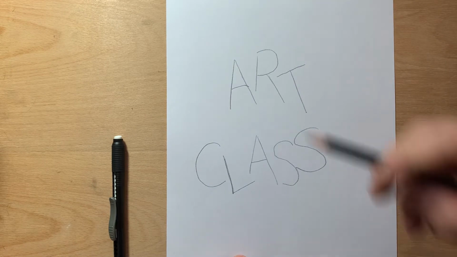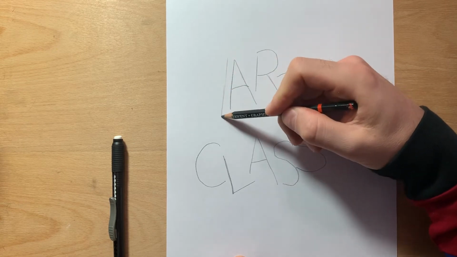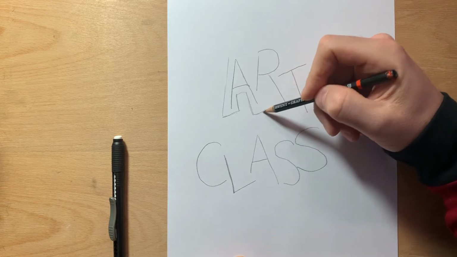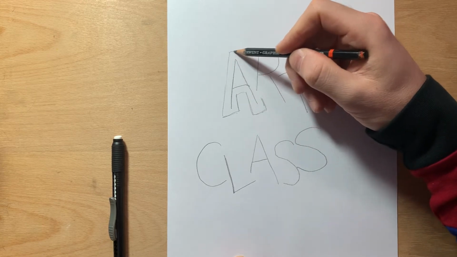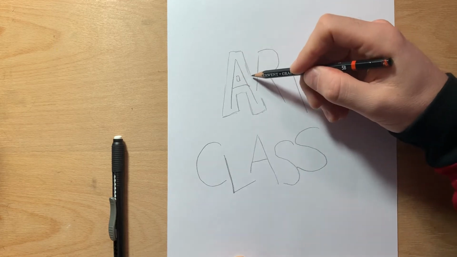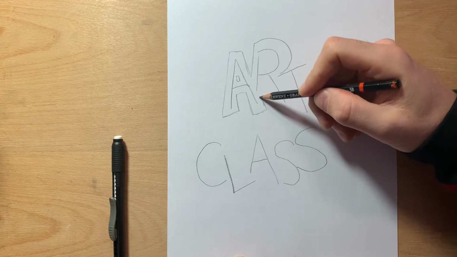And what I'm going to do is I'm now just going to pretty much trace around these and make these block letters just by going around what I already have. So here's my A, I'm going to take my R, and I'm going to do the same thing.